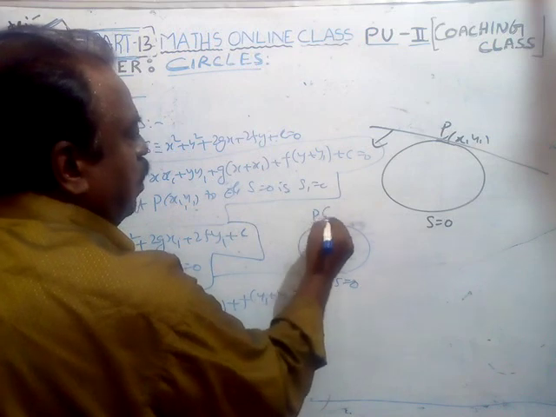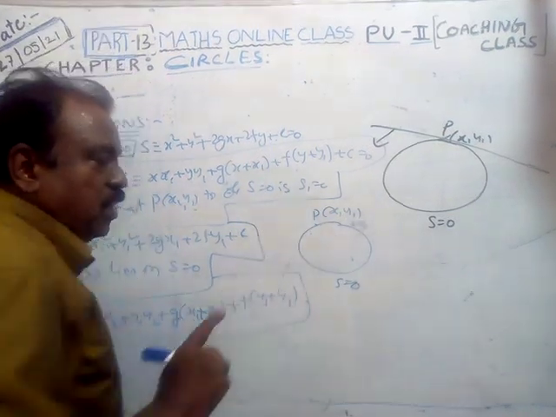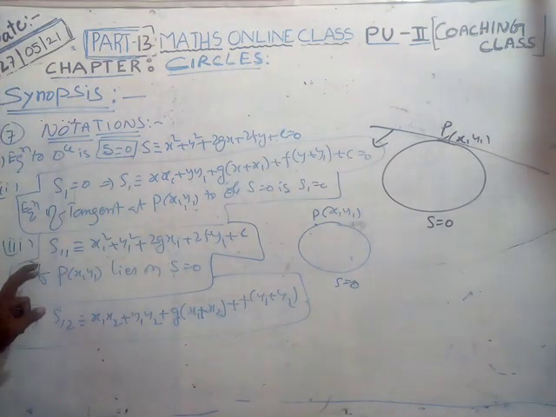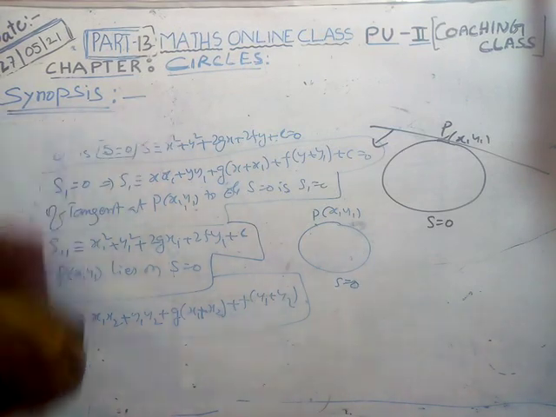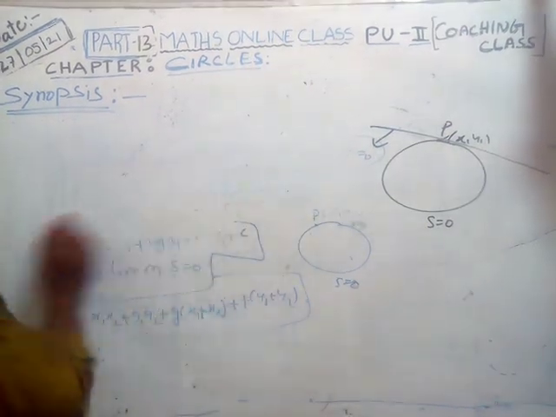Suppose P is a point on the circle S is equal to 0, not the equation to the tangent, P point is lying on the circle, then S11. Like that. These are the notations only. Now we'll go to the 8th one.